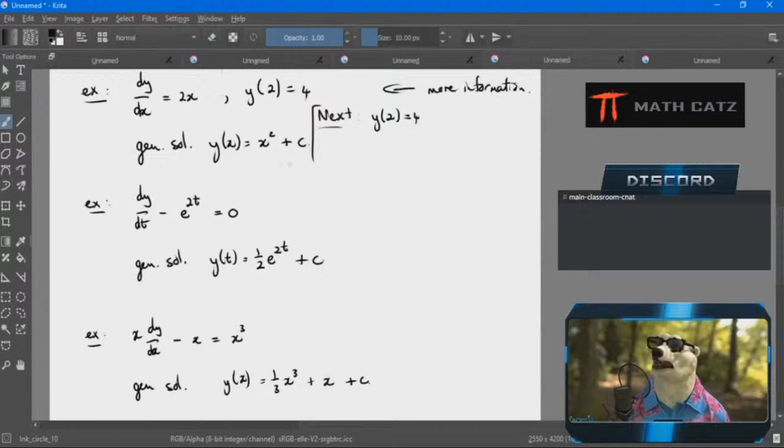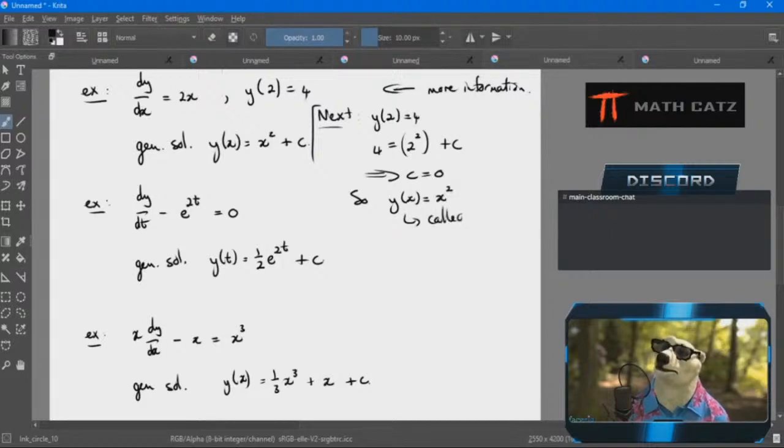So I simply plug it into the original equation. y is 4, x squared will be 2 squared plus c, and that tells me that c is 0. So then I have y as a function of x, in particular that function. And we'll call that the particular solution.